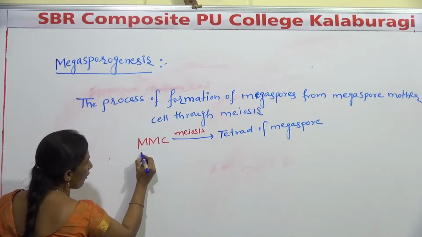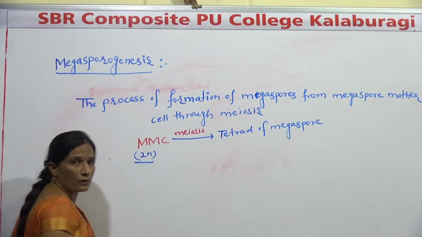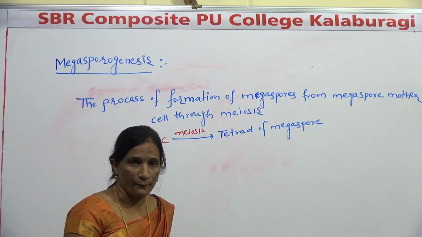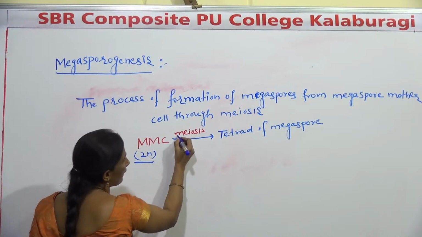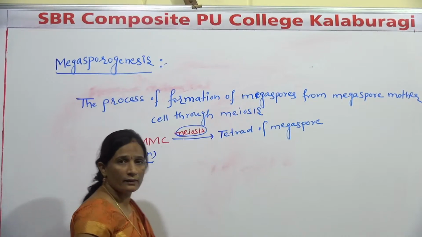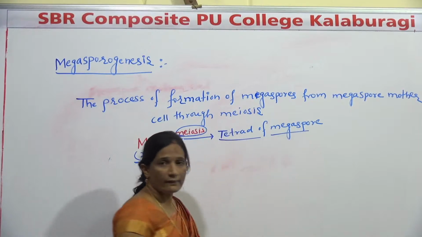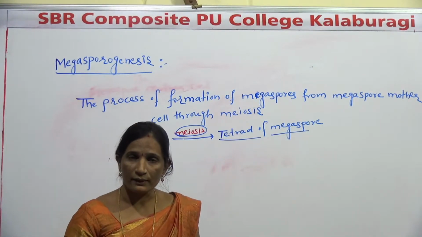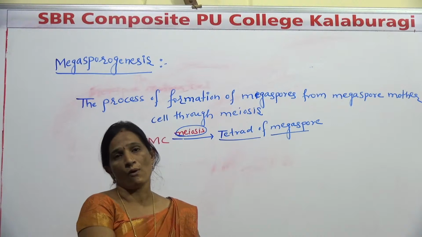What is the ploidy of the megaspore mother cell? The ploidy of the megaspore mother cell is 2n. When this megaspore mother cell undergoes meiotic division, it results in the formation of a tetrad of megaspores. It means that 4 megaspores are formed.